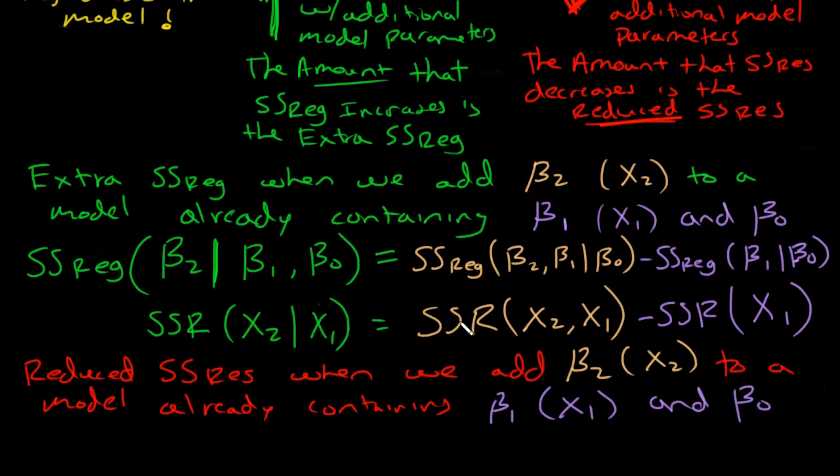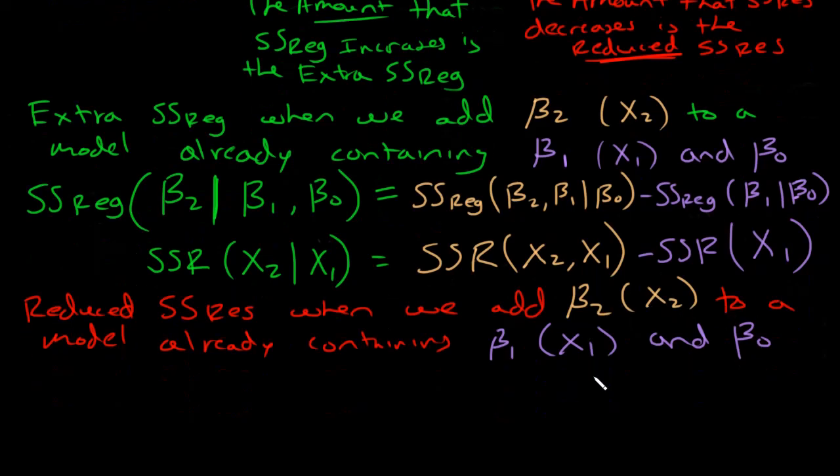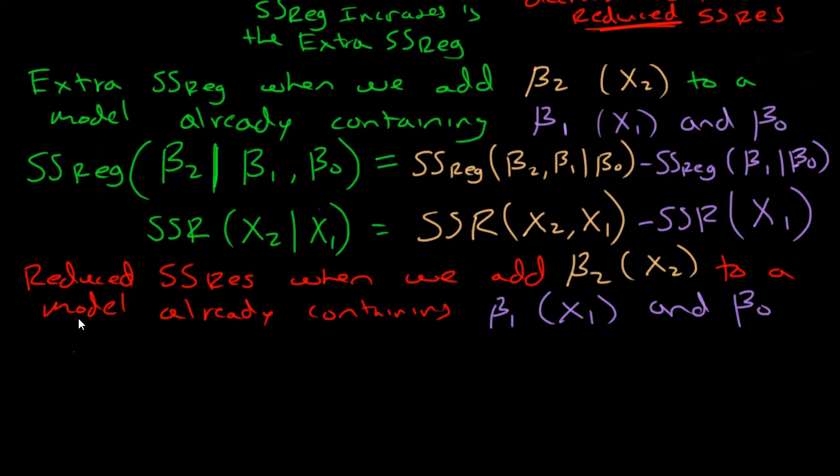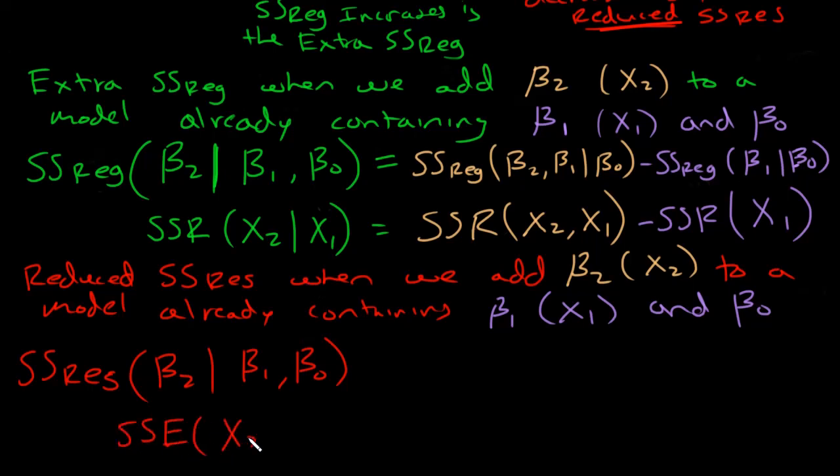Basically, how much did the sum of squares residual get reduced when we added in that new model parameter x2? How do I write this notation-wise? We would write this as SS residual for this new beta 2, given that the model already has beta 1 and beta naught. Different textbooks will write this as SSE for x2 given x1.